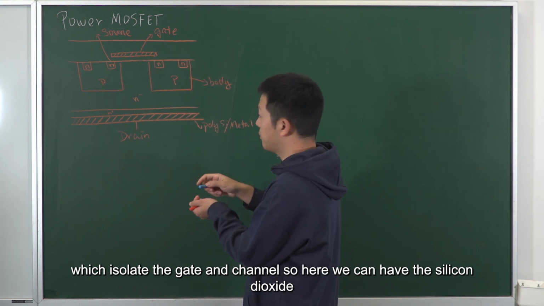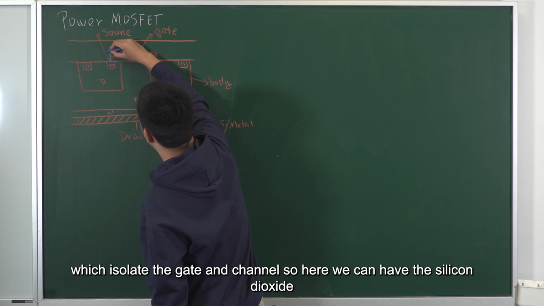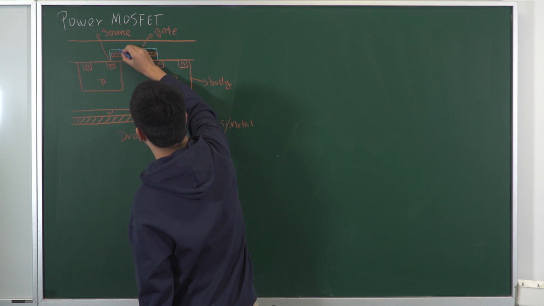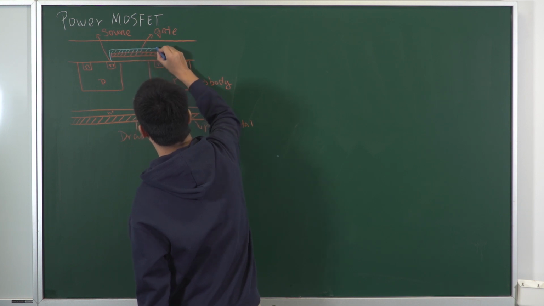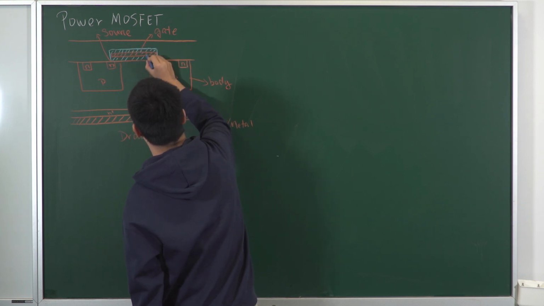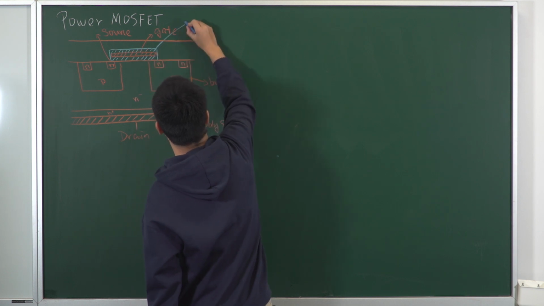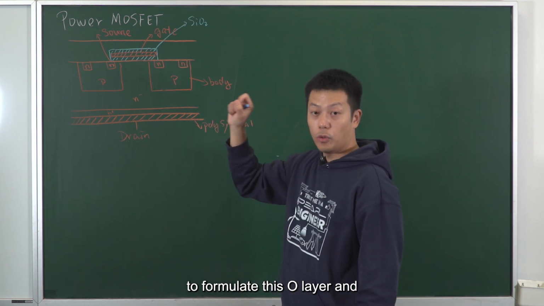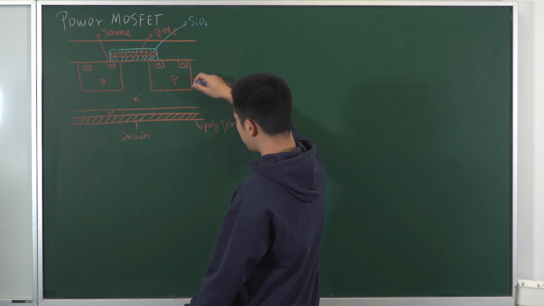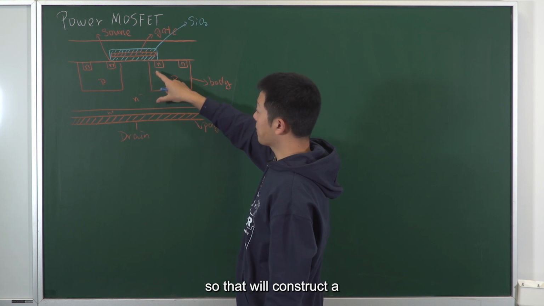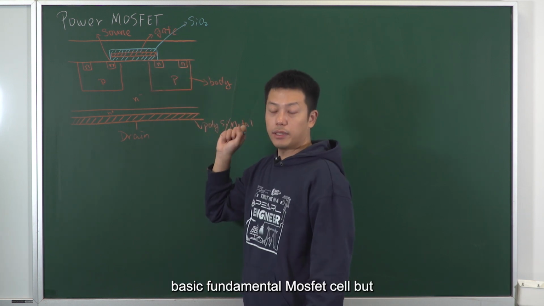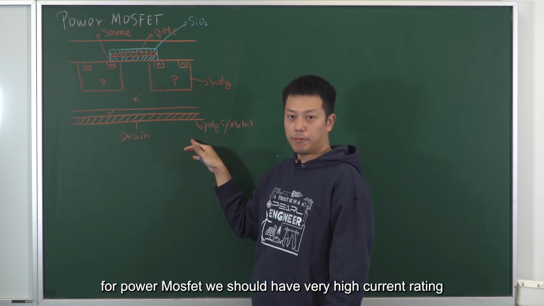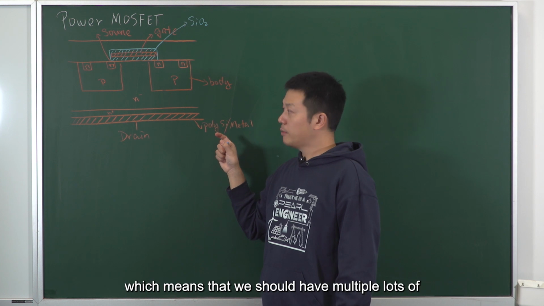So here we can have the silicon dioxide to formulate this O layer. And so that will construct a basic fundamental MOSFET cell.